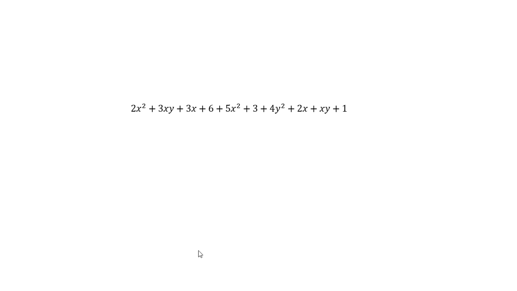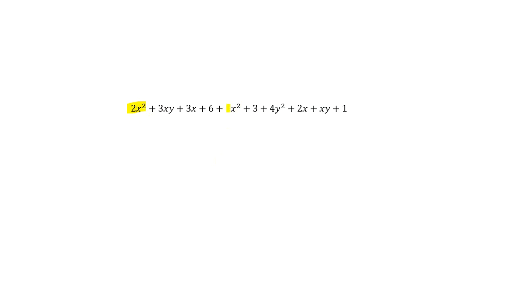Now let's use our math properties to help these families join up with each other for their big family reunions. The first family is the x to the second power family. How many x to the second power families do you see? I see 2: 2x to the second and 5x to the second.